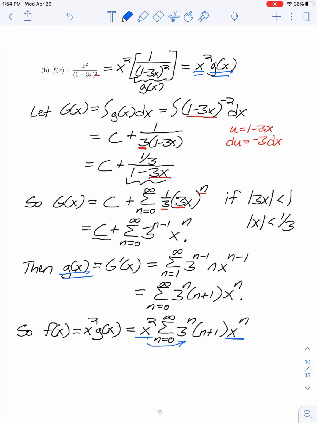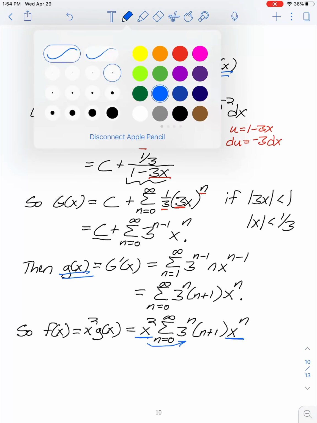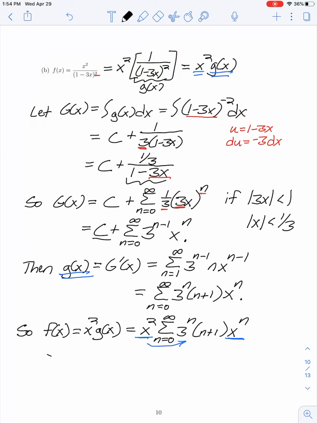So my x squared grouped with this x to the n power will give me x to the n plus 2. So I have for f of x the sum from 0 to infinity of 3 to the n times n plus 1 times x to the n plus 2 power.